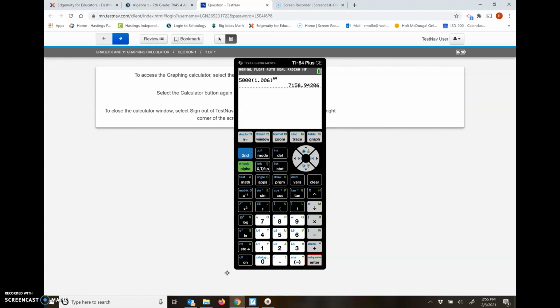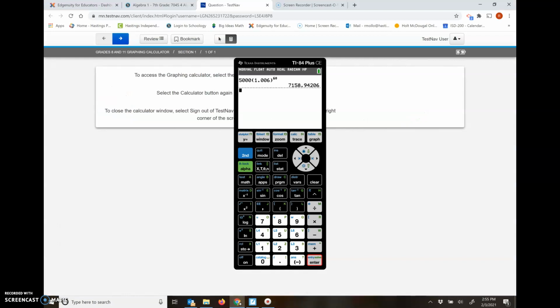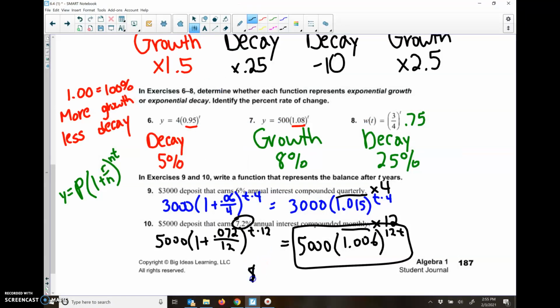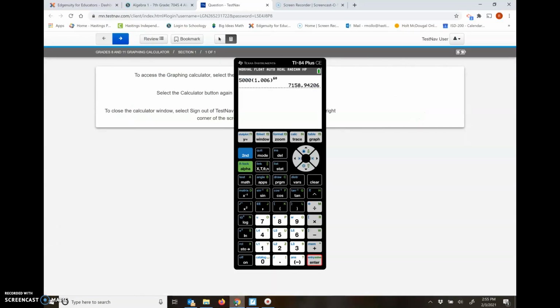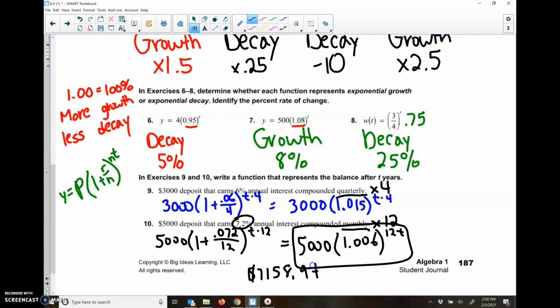So that means if you invest right now as 12, 13, 14-year-olds, $5,000 in the bank, and they tell you that you're going to get 7.2% annual interest, and it's compounded monthly, that after 5 years, your $5,000 is now going to become $7,158 and how many cents was it? 94 cents. So you just made about $2,158.94 by doing nothing and just having your money in the bank there.